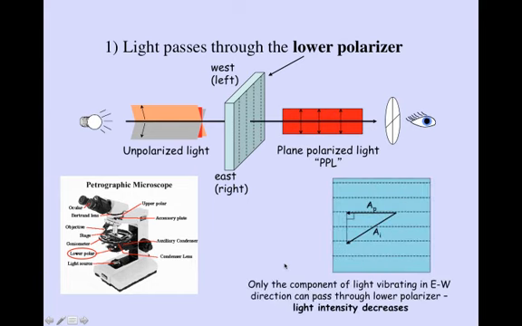And when that happens, you're actually reducing the light intensity. When you're using the second polarizer and when you're using higher magnification objectives, you actually need to increase the intensity of the light so that you can see through the thin section easily.